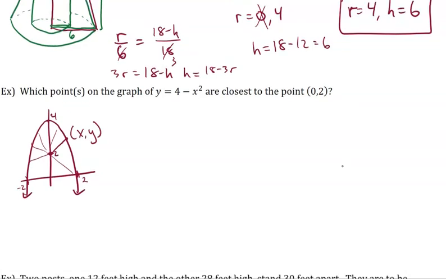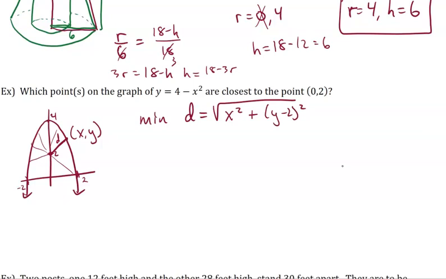Okay, so to define my variable to be optimized, which is going to be the distance, this distance right here, d, I'm going to write that I'm trying to minimize d equals, and then I'm doing distance formula between the point (0, 2) and then any point (x, y) that's on that parabola. So x minus 0 squared is just x squared, and then plus y minus 2 squared.